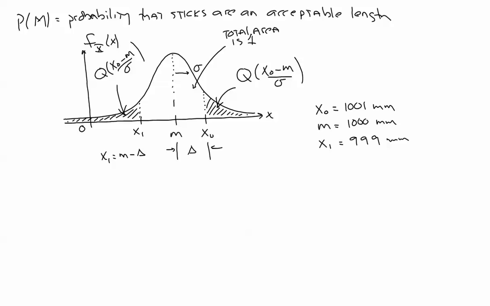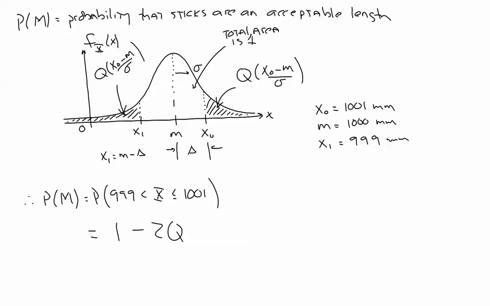So the probability of 999 less than the length of my meter stick less than 1001 equals 100% of my area minus 2 times the area of my upper tail.